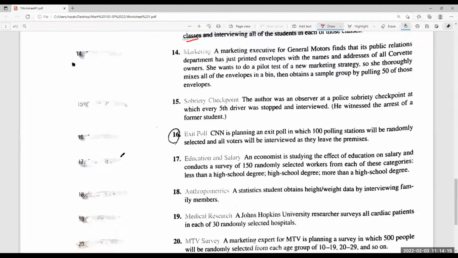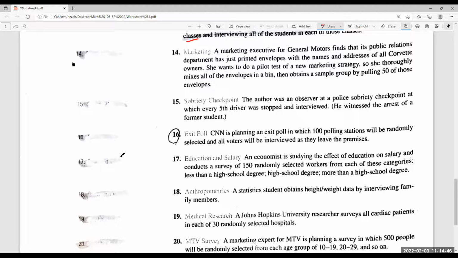Does that make sense? So what you're claiming is that all 1,000 polling stations would have to be included for this to be stratified? Yeah, because you want to carry out the study about the population. For stratified, we divide the population into strata, if you like.